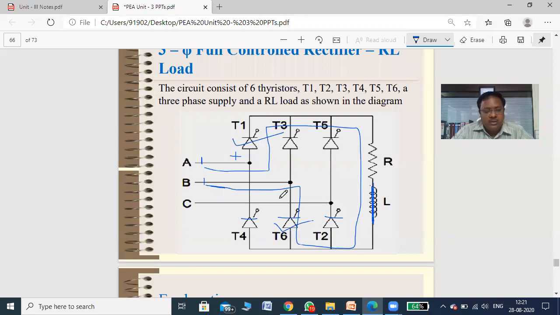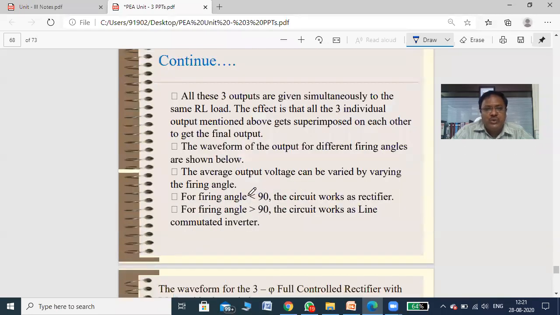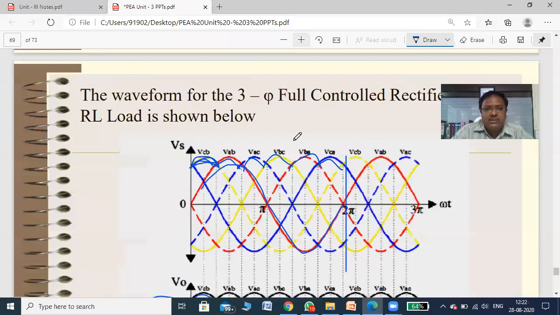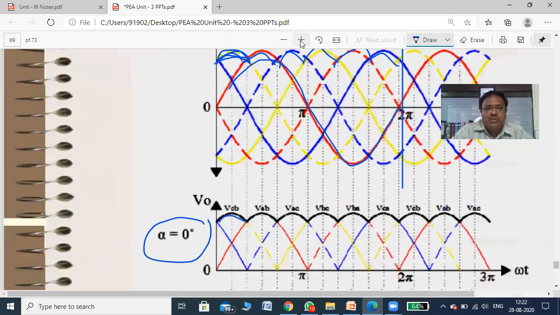Then the next one is T1 and T2, because of the phase voltage you can see here, VAB. Actually, it is not shown properly, so I will just zoom out.